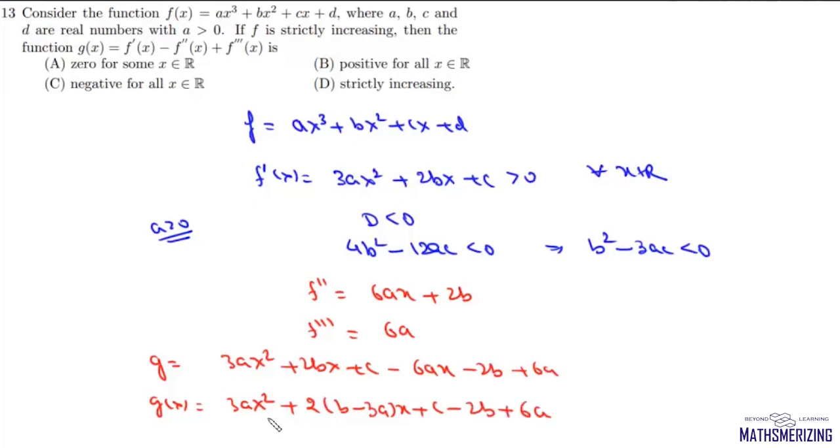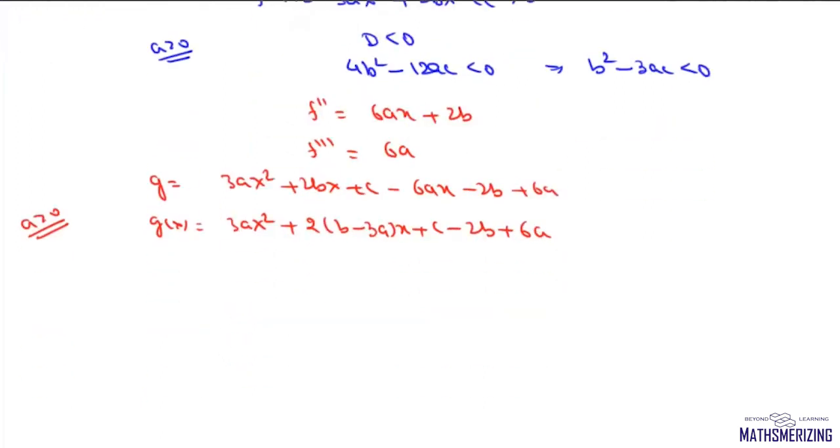Now this again is a quadratic expression with a greater than 0. So in order to find the nature of this quadratic expression, again we'll write its discriminant D, and D will be 4 into (b minus 3a) whole square minus 4 into 3a into (c minus 2b plus 6a).